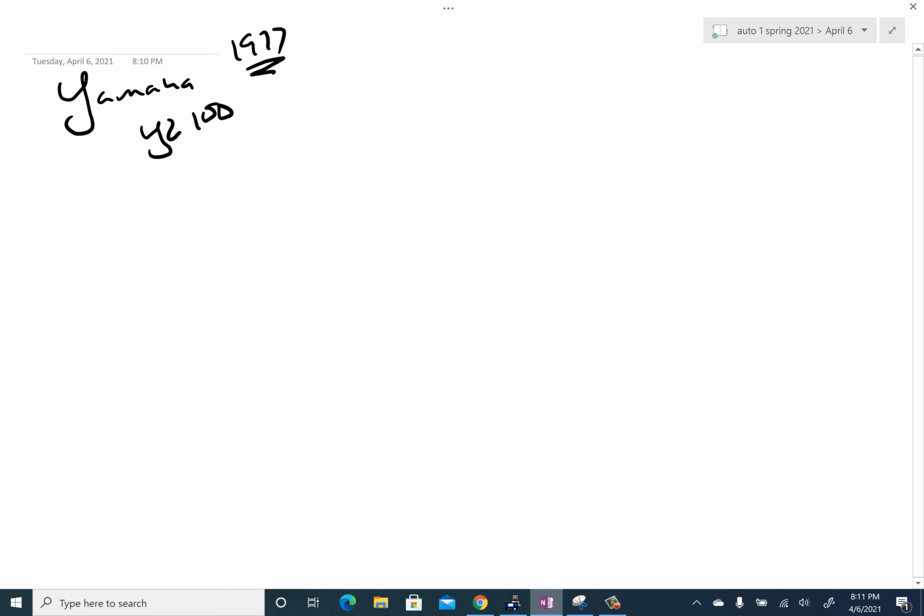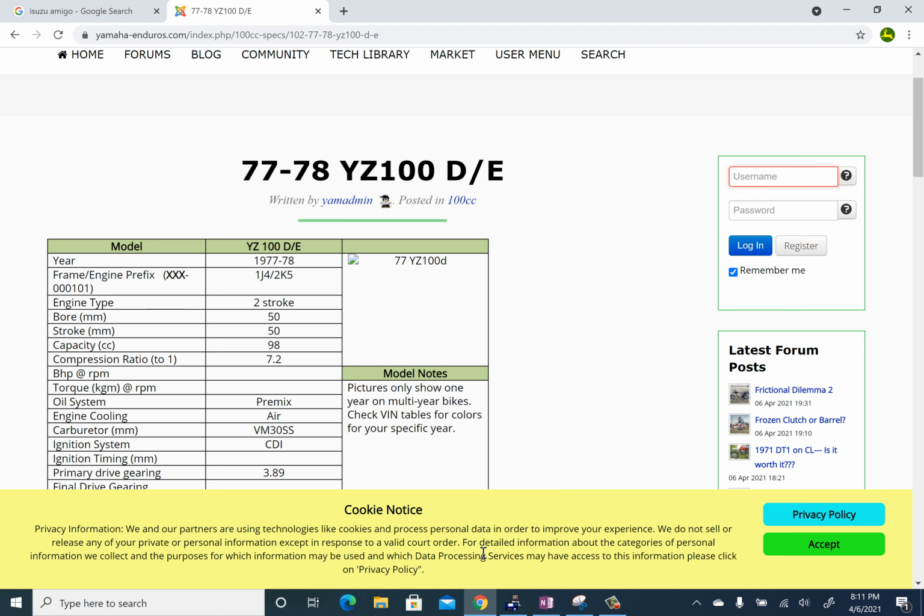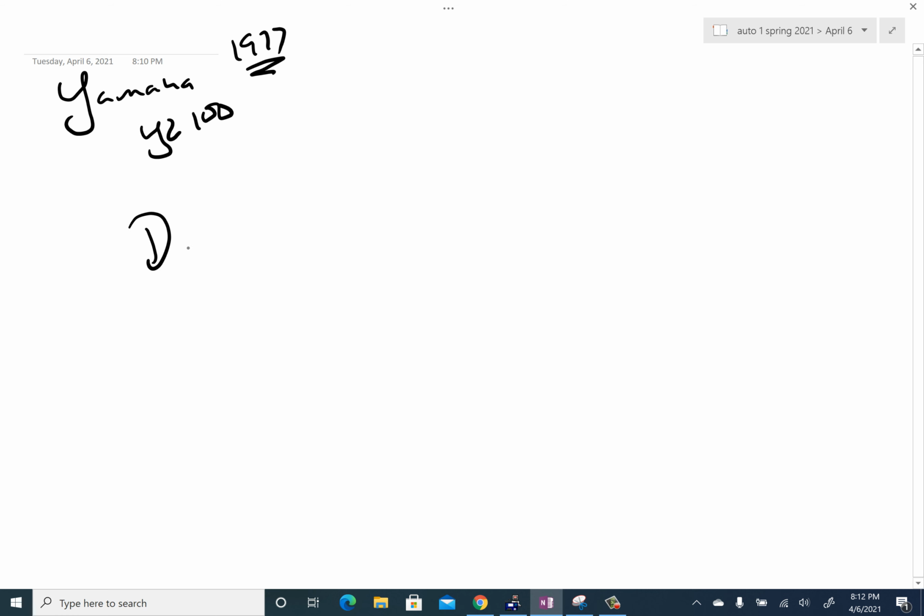That's right. 50 millimeters, right there. You see where it says mm? So the displacement is going to be 3.14 times 5 squared, divided by 4 times 5 times 1, because there's literally one piston here.